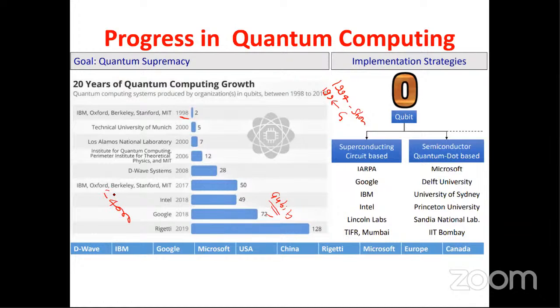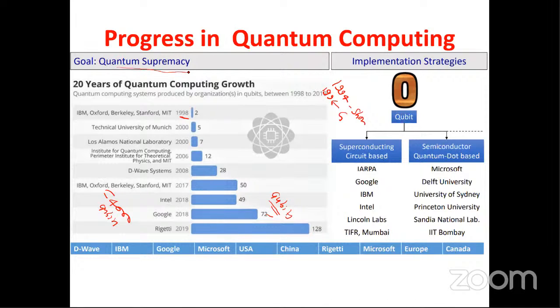Approximately 4,000 qubits. So it's not like we will not get this kind of computer in future. The progress is tremendous. Before 1998, we are not having a quantum computer, and suddenly it started after Shor's and Grover's algorithm, and we have reached 128 qubits in 2019. And last year, Google also demonstrated quantum supremacy.